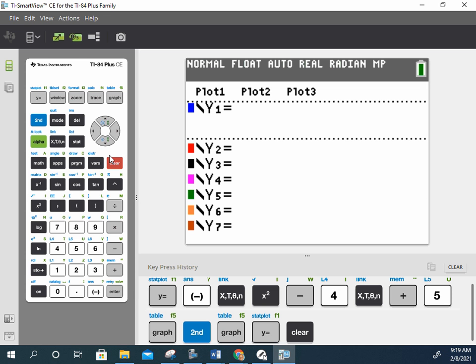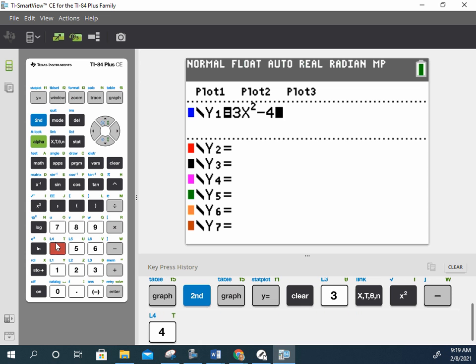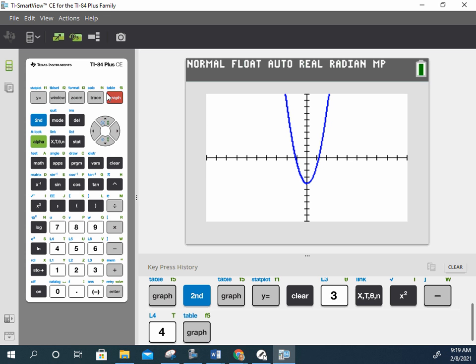So clear that out. So we type in the function they gave us, which was 3x squared minus 4. Take a sneak peek at the graph so that we know what it's going to look like.